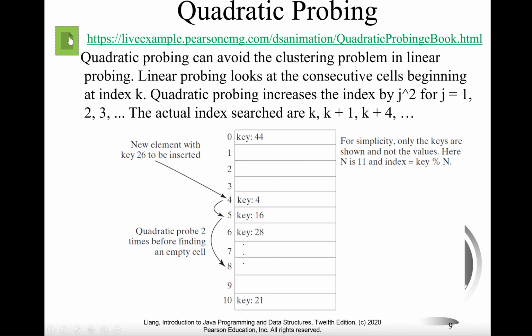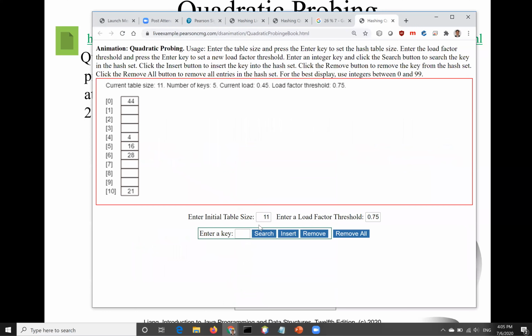Let's look at this animation. I'm going to add 26 to this. And 26 is mapped to this 4, occupied, and then the next one, 5, is occupied, and then here is quadratic, plus 4, and it is going to be right here.